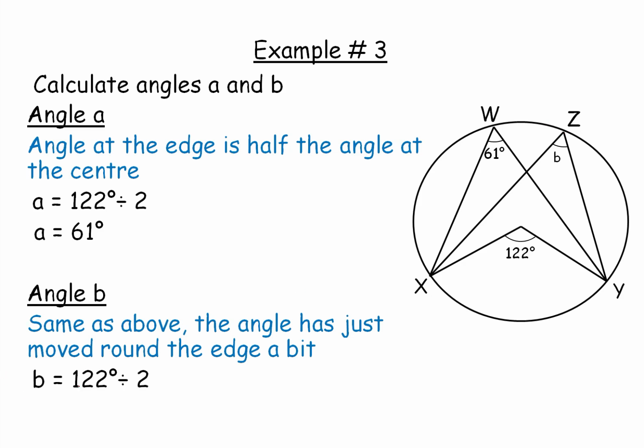B is equal to 122 degrees divided by 2, because 122 degrees is the angle at the center and B is the angle at the circumference. So that becomes 61 degrees.